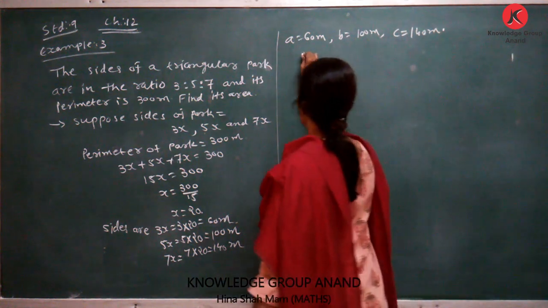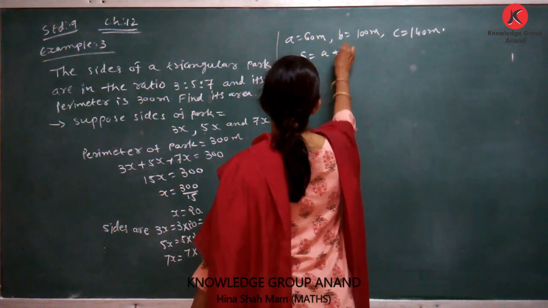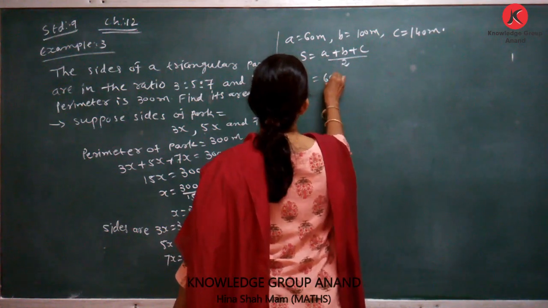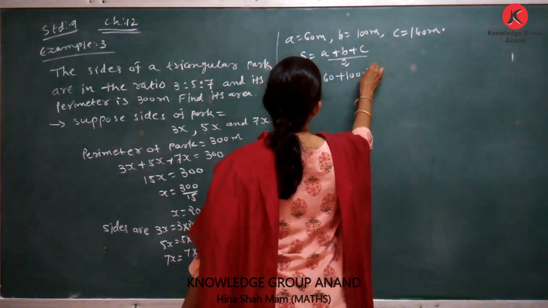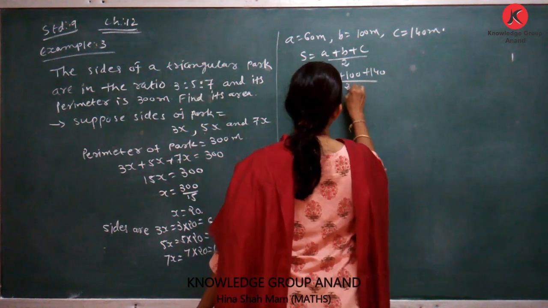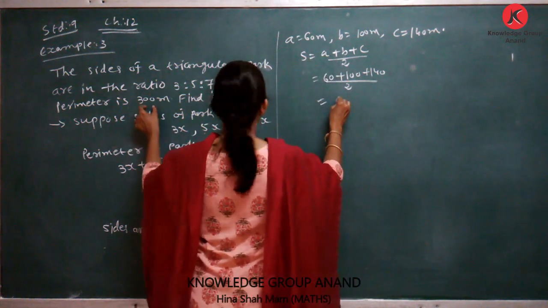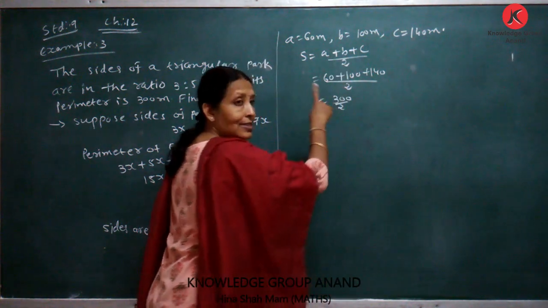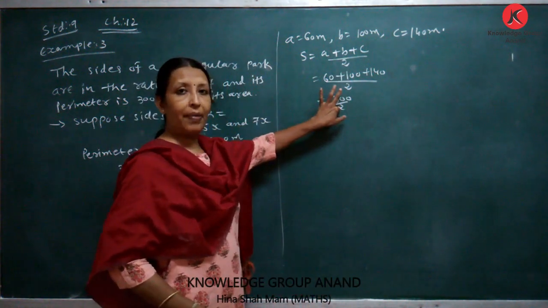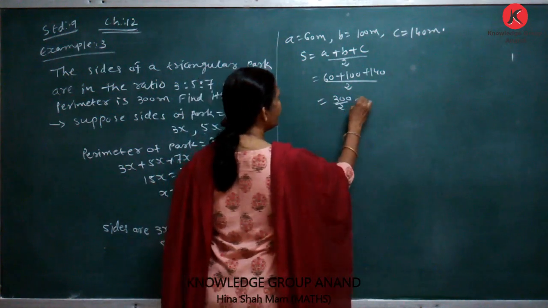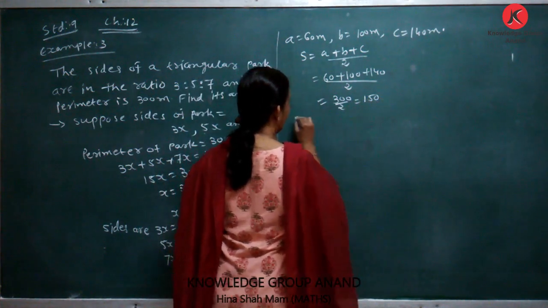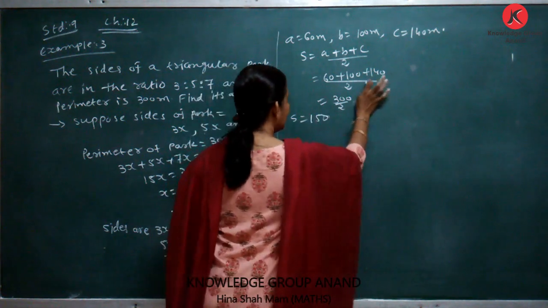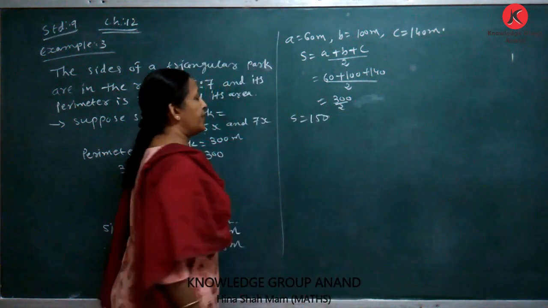Otherwise you write S is equal to A plus B plus C divided by 2, equal to 60 plus 100 plus 140 divided by 2. Here it is 300 by 2. Directly you write like this. S is equal to 300 by 2 is equal to 150 meter.